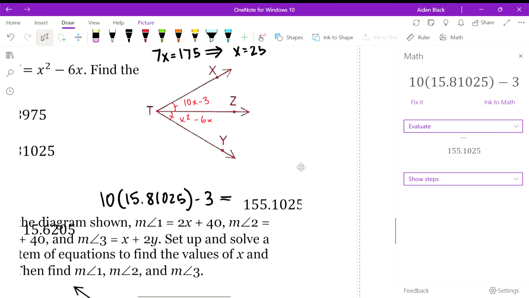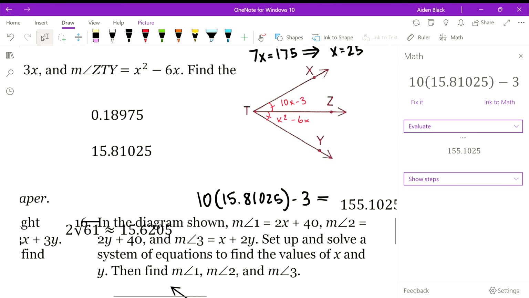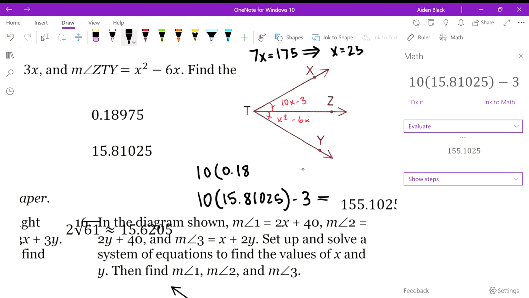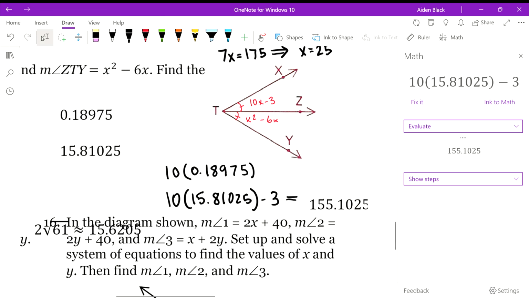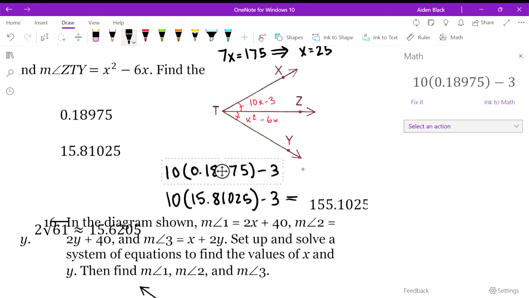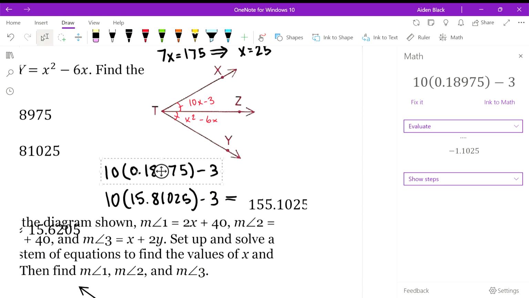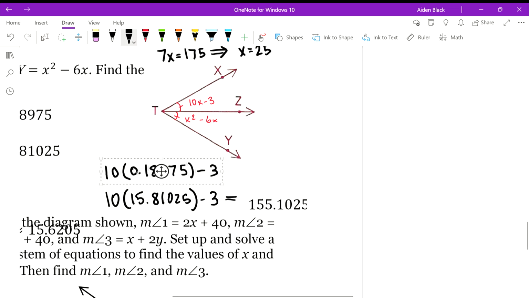And then in the other case, when we're dealing with the other x value, with quadratics you end up having two x values, since it's an x squared function, minus 3. We get a negative value. Yeah, we don't want a negative value, so this is what we'll do.